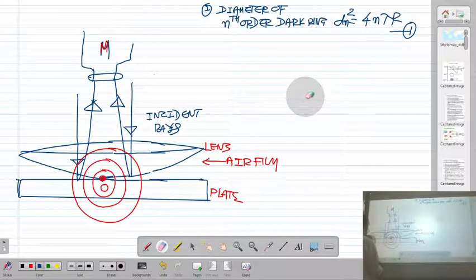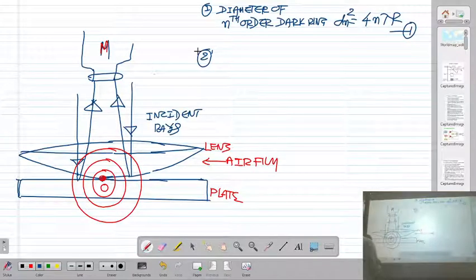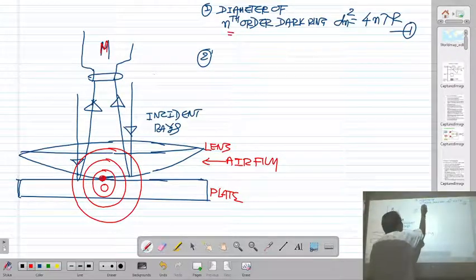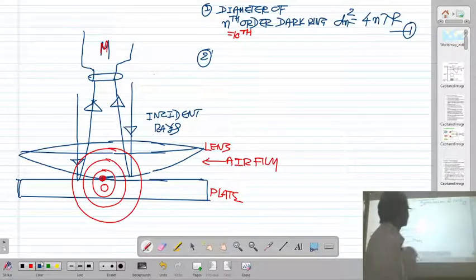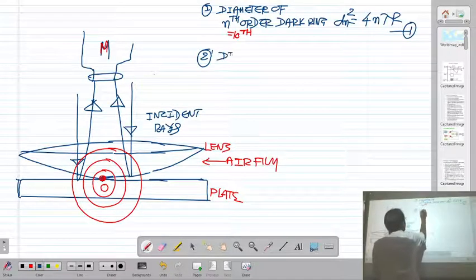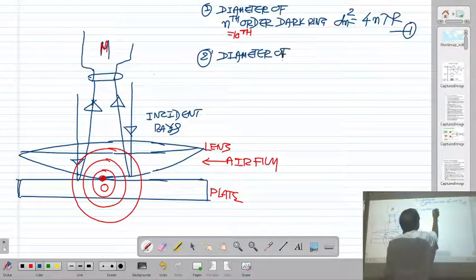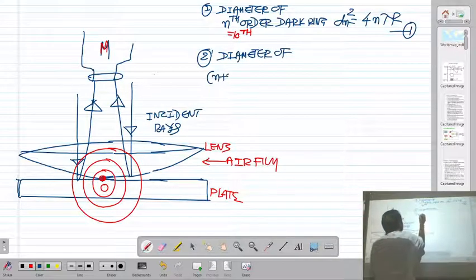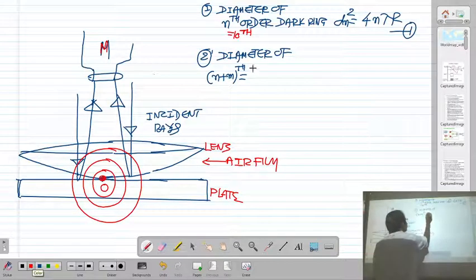Now suppose n is the 10th ring. Then we will measure the diameter of the n plus mth order dark ring. You know very well, n is 10.